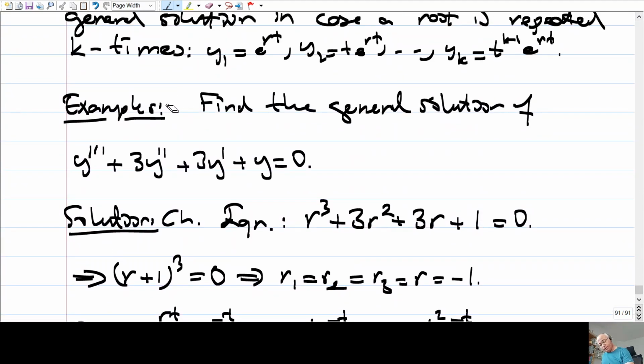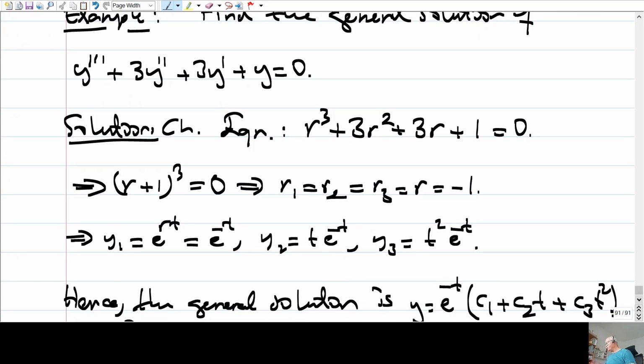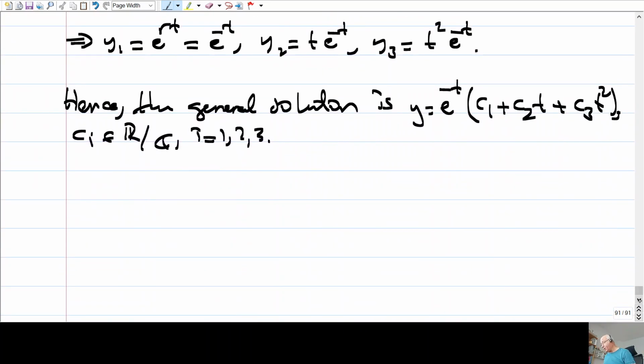I said examples, but let me just do one example. We will do several examples later anyway. Now, what about non-homogeneous equations?